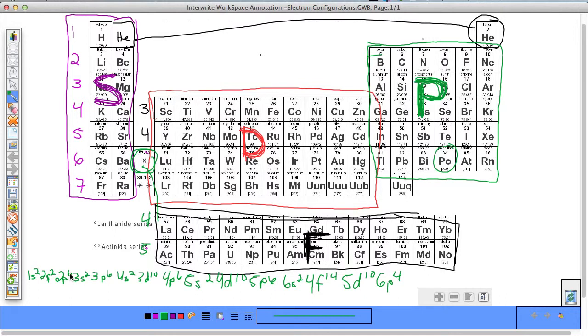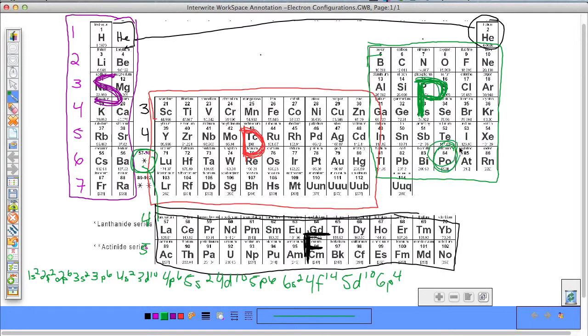We got 2 plus 2 is 4, plus 6 is 10, plus 2 is 12, plus 6 is 18, plus 2 is 20, plus 10 is 30, plus 6 is 36, 38, 48, 54, 56, plus 14 is 70, plus 10 is 84.